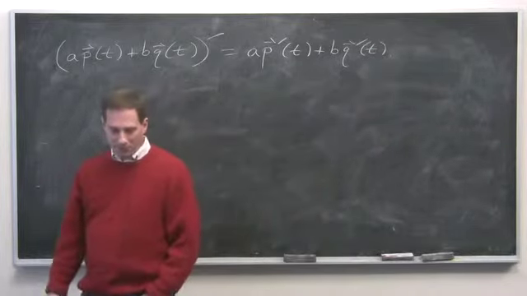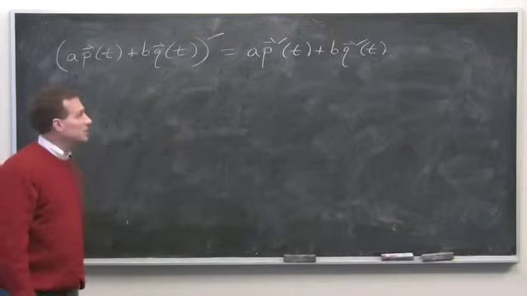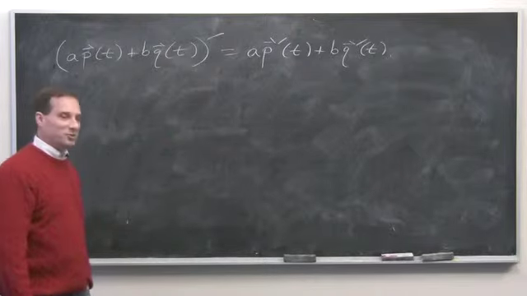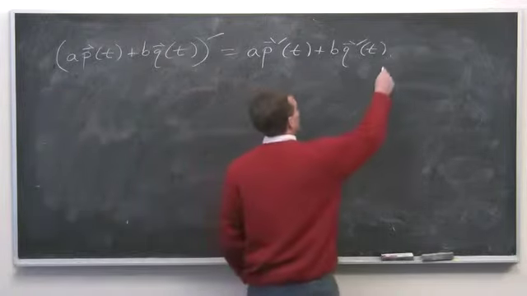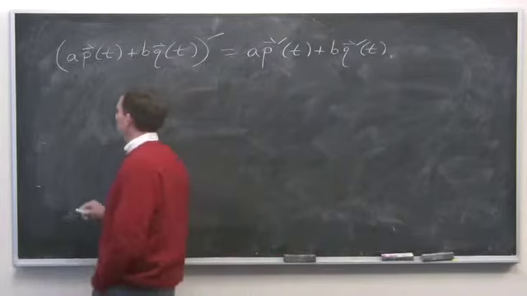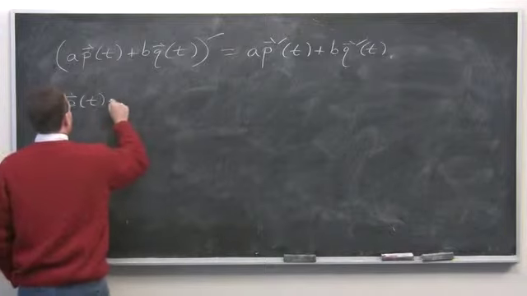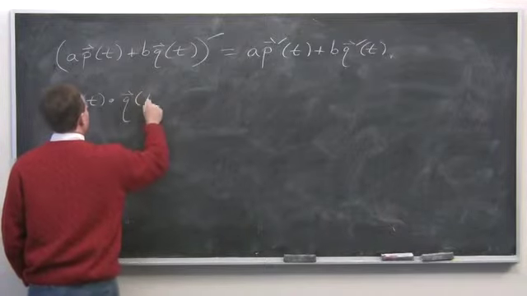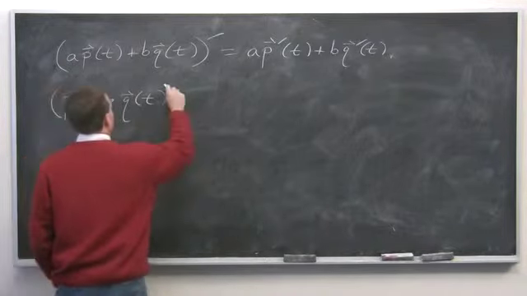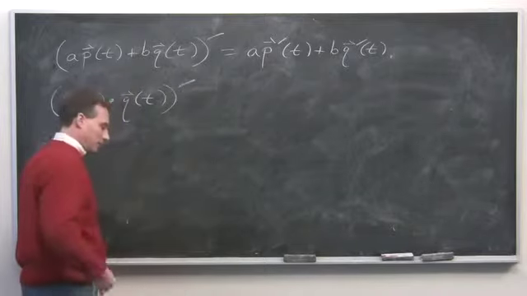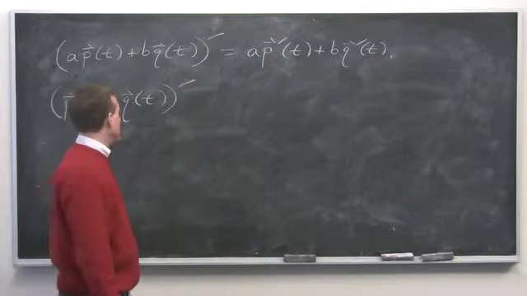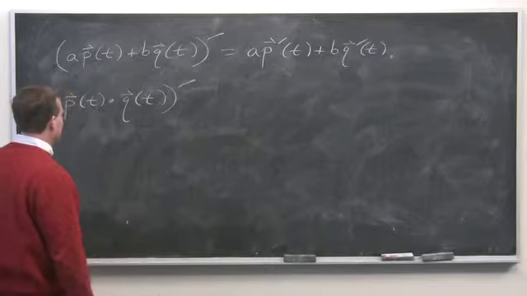It's a little surprising that there's a product rule for the dot product. If you take the dot product of 2 vector valued functions and take the derivative, then it looks like the product rule for functions of a single variable, but where product now means dot product.